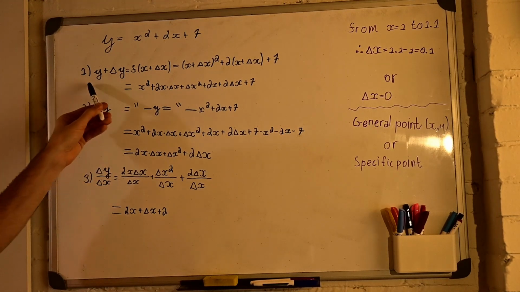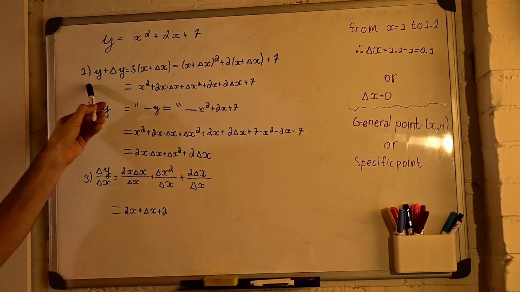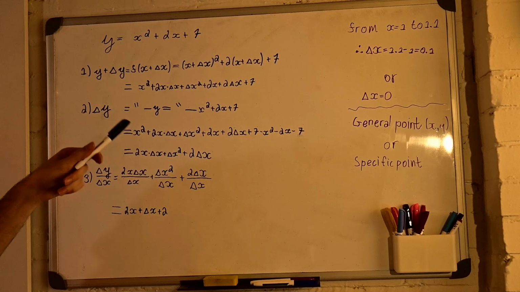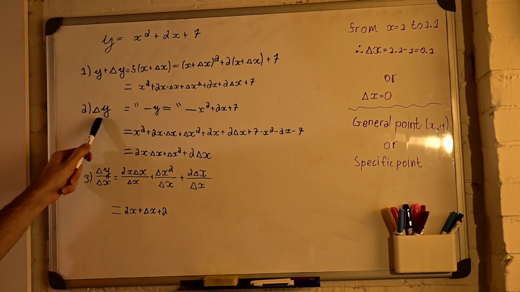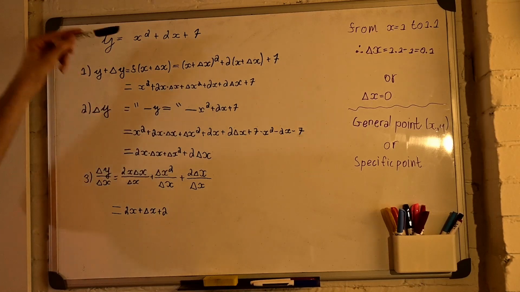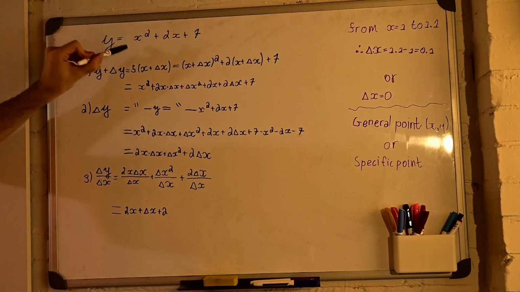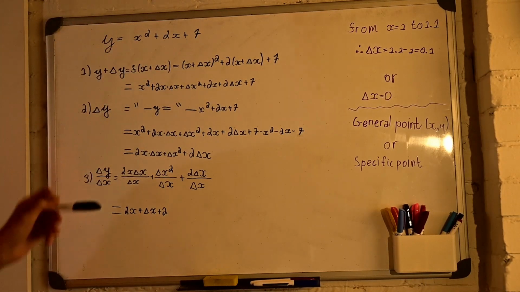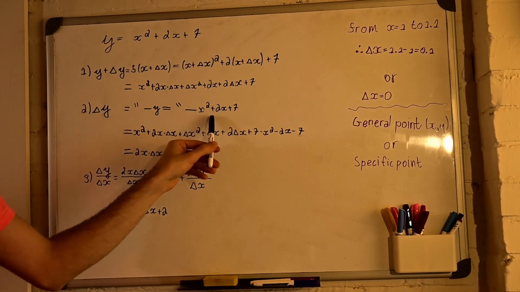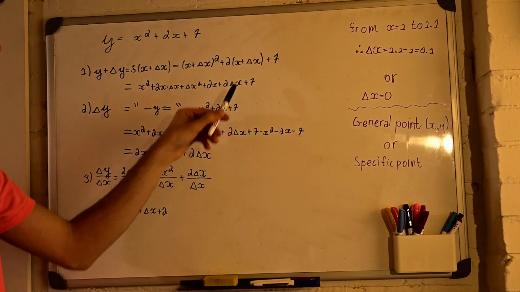Okay, so we have y on the left side, and we want to get rid of y from the left side. So we're going to subtract y from both sides. So on the left, we end up with just delta y. And on the right, we're going to subtract y. Here's the thing. We know what y is, right? y is equal to x squared plus 2x plus 7. So we are going to subtract x squared plus 2x plus 7 from this.